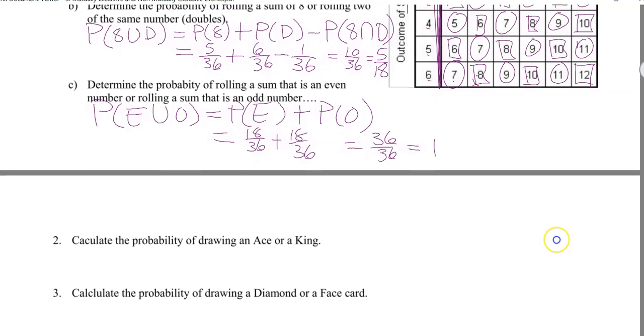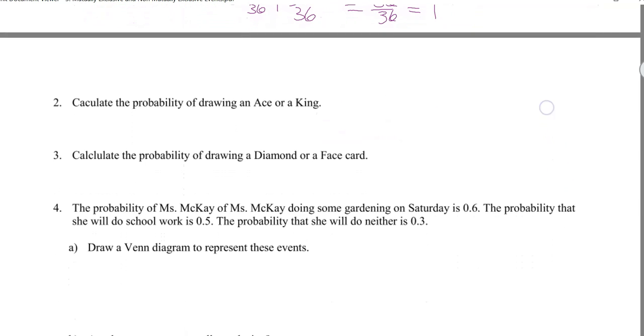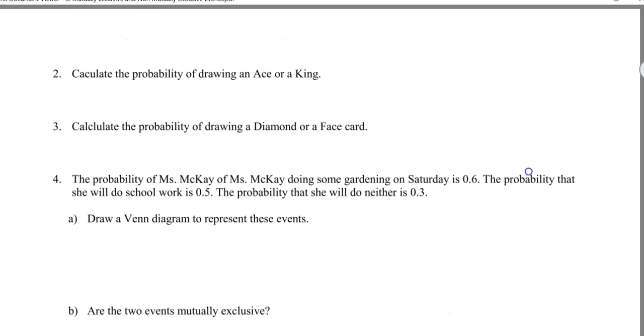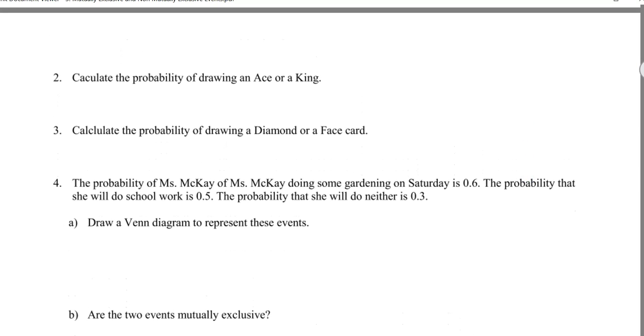All right, let's say we're playing cards. Calculate the probability of drawing an ace or a king. Well, there are no kings which are also aces. So it's the probability of drawing an ace plus the probability of drawing a king. Now remember, we're only doing one draw.